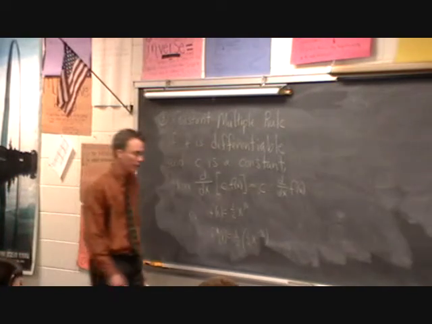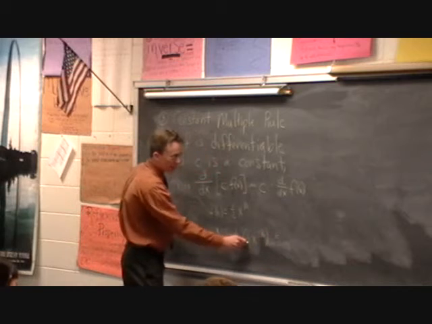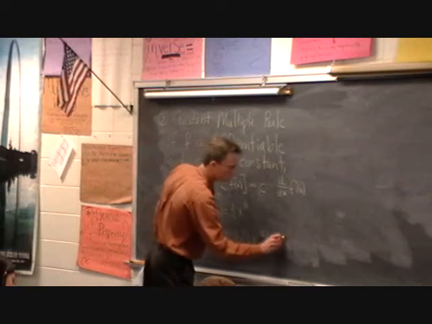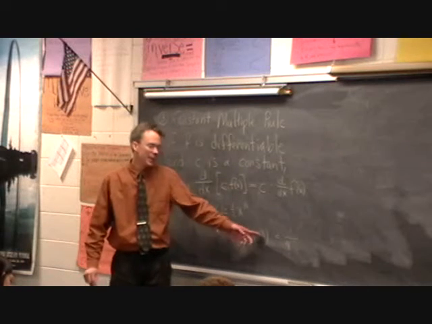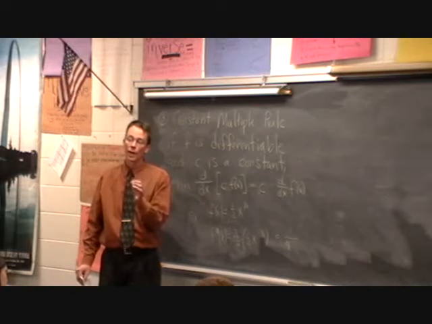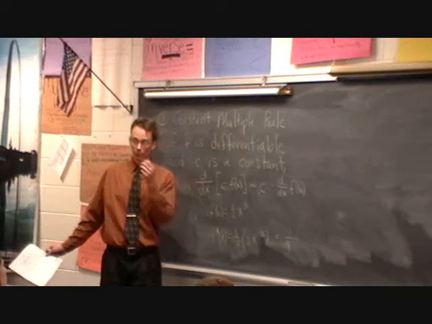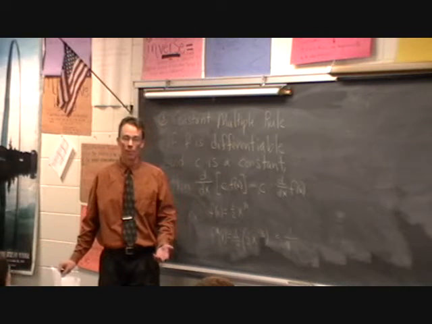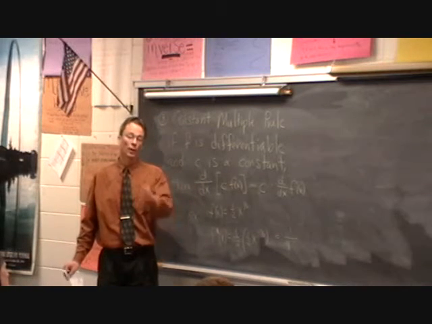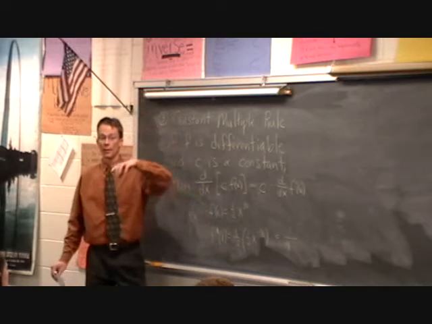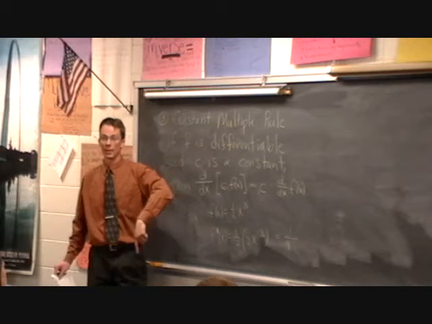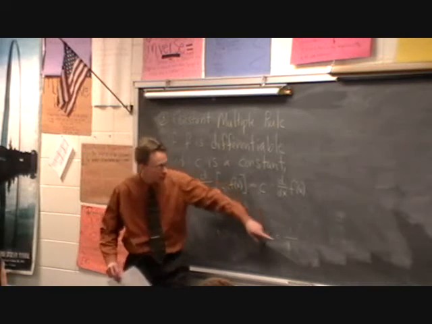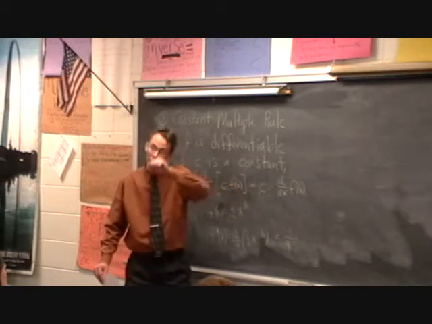If you clean it up a little bit, 1/2 times 1/2 is 1/4, and then x to the negative 1/2. If you wanted to write that without a negative exponent, how could you get rid of that negative exponent? The 1/2 means it's a square root, and then the negative means it's in the denominator. So the negative means it's now in the bottom, the 1/2 means it's a square root.